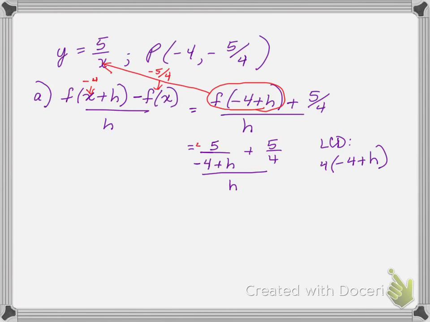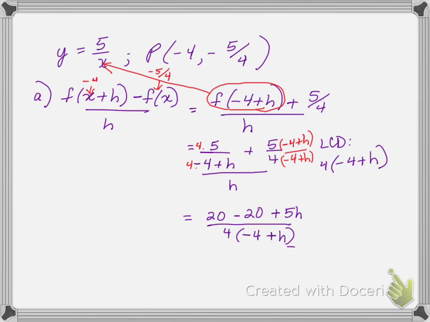So we're going to multiply this one by 4 over 4, the second by -4 plus h over -4 plus h. So that'll get us a common denominator in the numerator. So we have 20 minus 20 plus 5h all over 4 times -4 plus h, all over h.